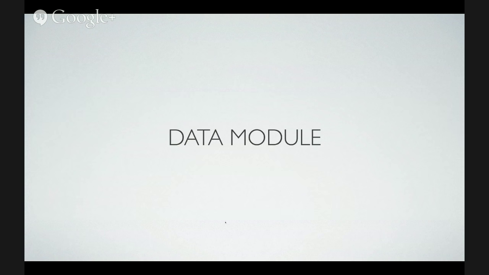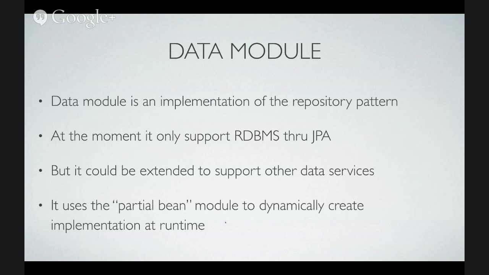Next module will be the data module. I will show you, in fact, two modules: the data module and the partial bean module as well. So as I said in the introduction, the data module is an implementation of the repository pattern. I think it's a pattern that came from the .NET environment, and that was first implemented in the Java world by Spring. I may be wrong, but I think it's the main implementation we know, with Spring Data.